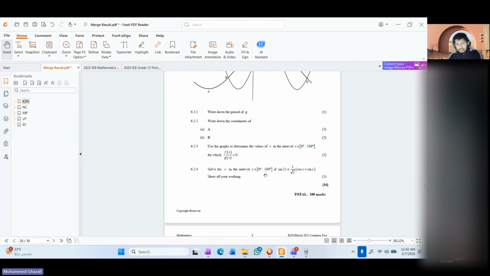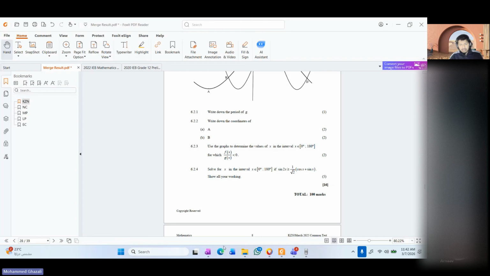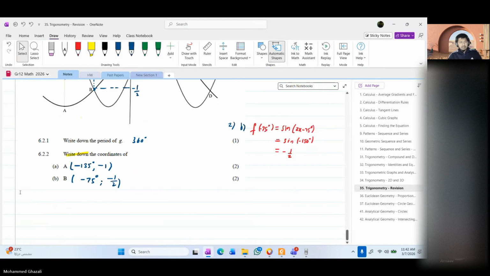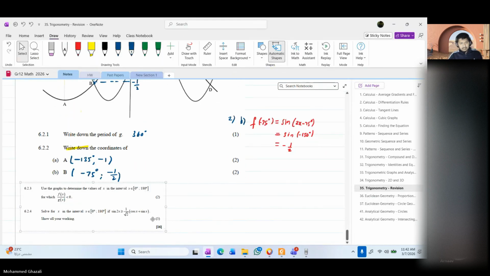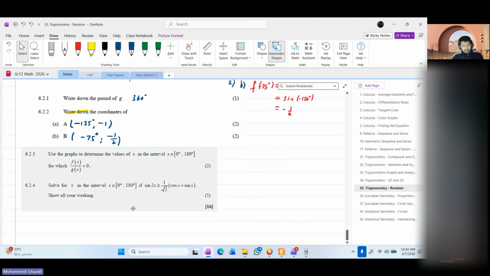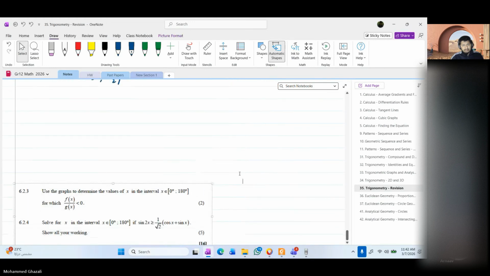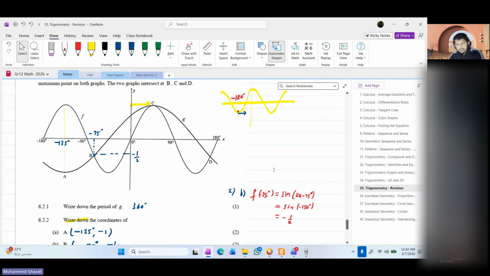Look at the last 2 questions. The last question was 5 marks. Use a graph to determine the values of x in the interval.